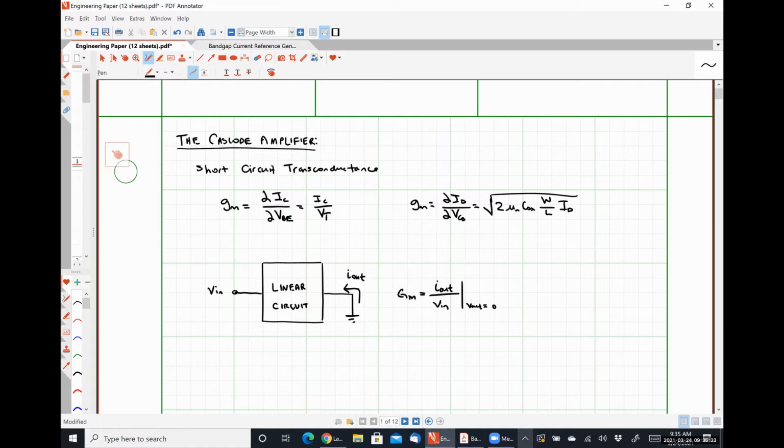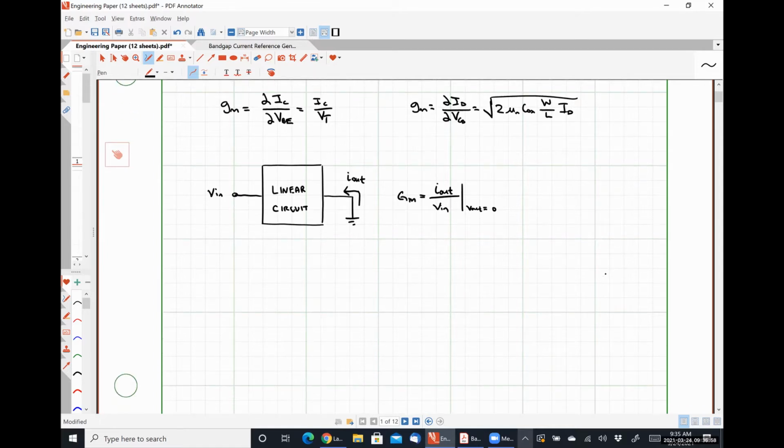All right. So this short circuit transconductance, capital GM, represents the circuit's ability to convert an input voltage into an output current. And we can actually use this relationship as a different way to interpret how we've been looking at voltage. So if we had a generic black box circuit, let's just call it a simple amplifier or something like that, here is our input signal.